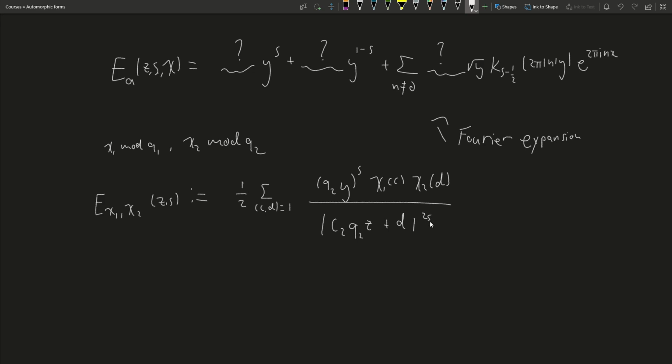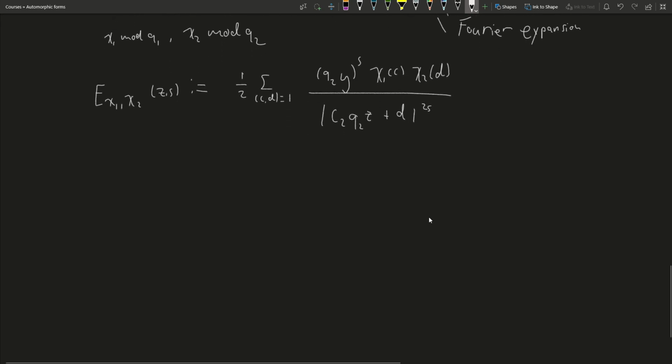Okay, and we are never going to use this, but it's good to know that this exists. The reason to consider these things is because the Fourier expansions for them are easier to write down.